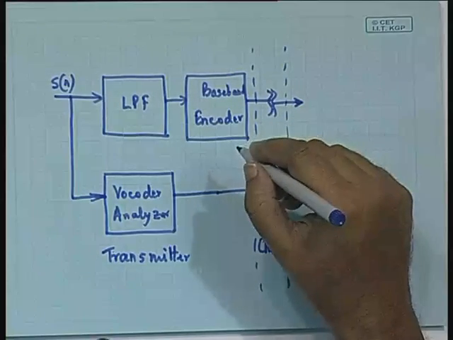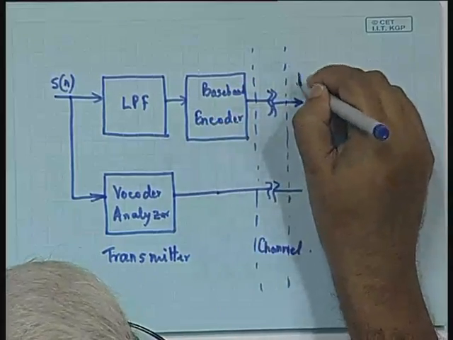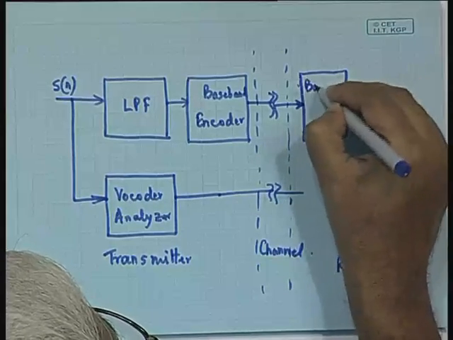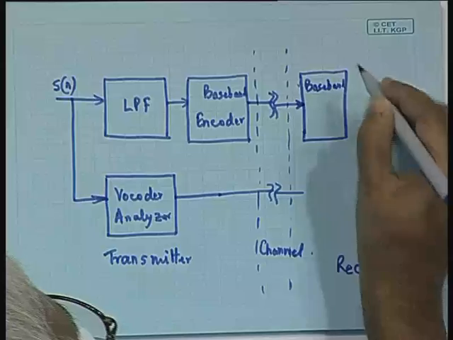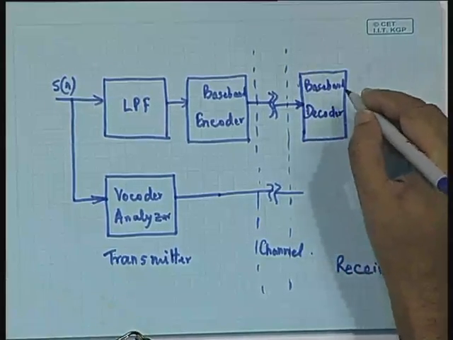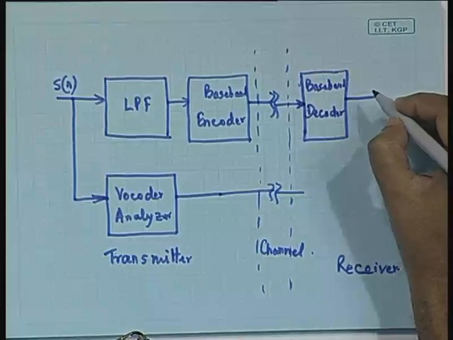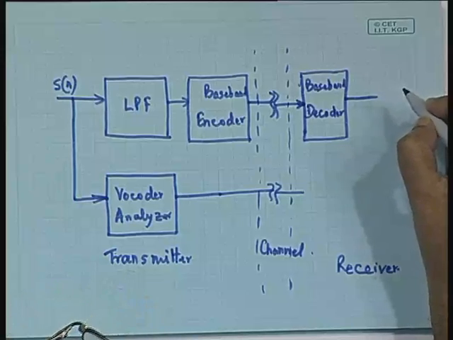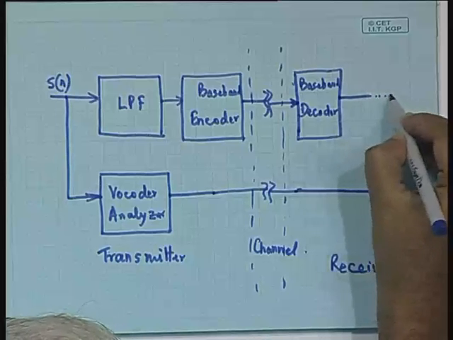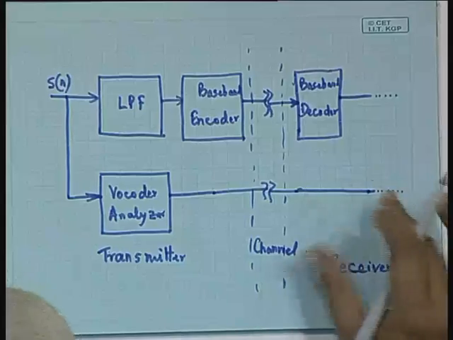The first block we can expect in the receiver is the corresponding decoder, so there is a baseband decoder. I will continue on a different sheet, because otherwise I do not have the space to draw everything. Here the vocoder analysis part also comes to the receiver.